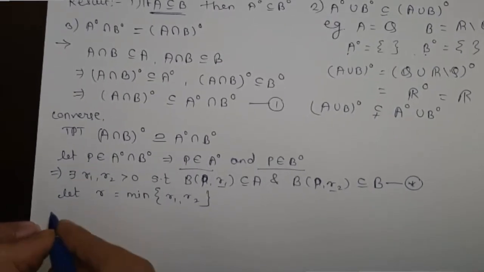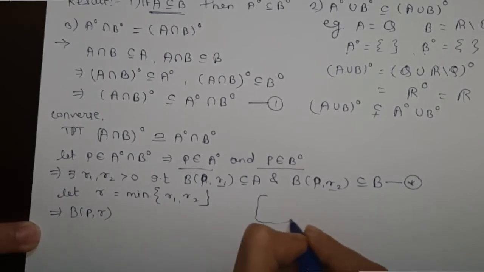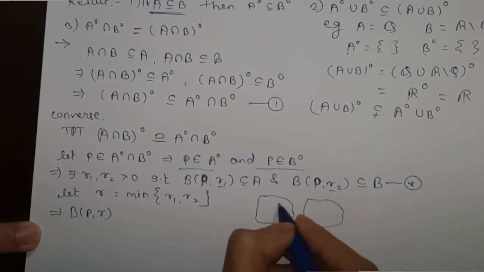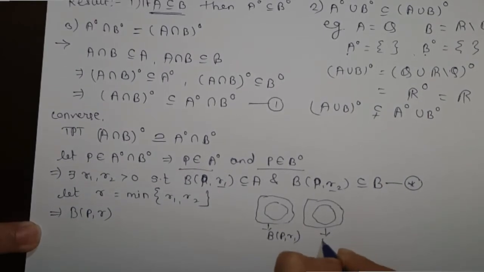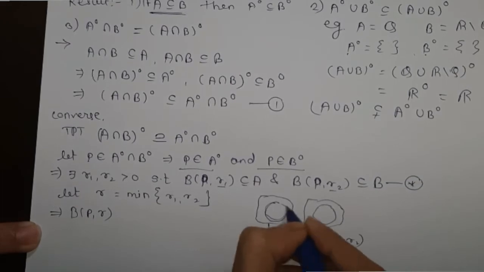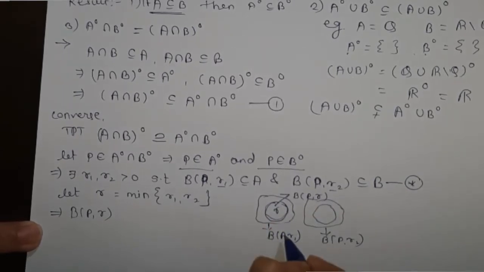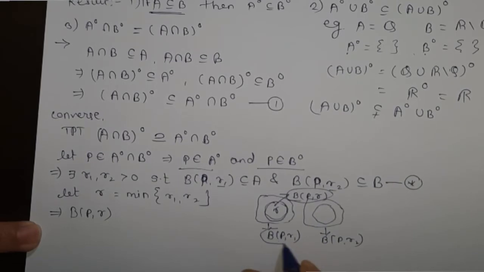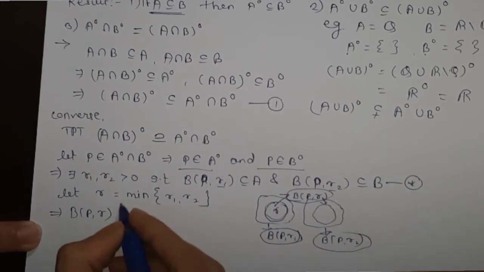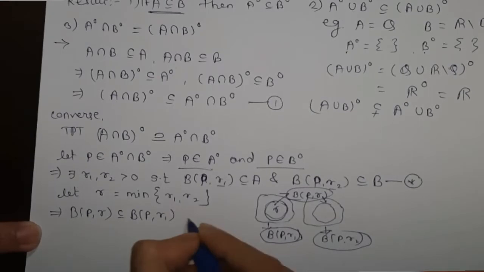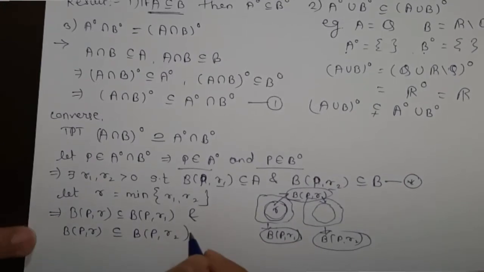Suppose this is B(P, R1) and this is B(P, R2), and this is our R, which means this is B(P, R). This B(P, R) is a subset of B(P, R1) and also a subset of B(P, R2).